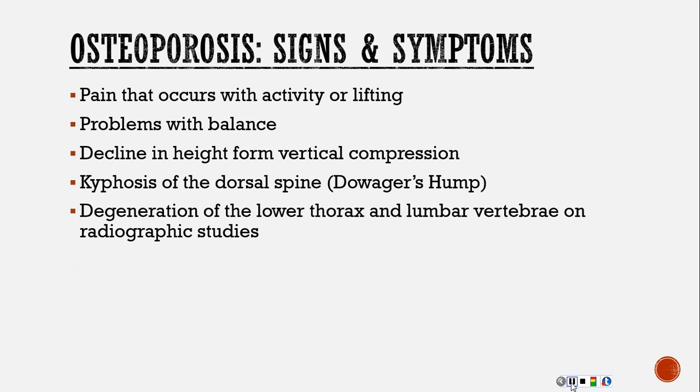Some of the signs and symptoms: pain that occurs with activity or lifting, problems with balance, decline in height from vertical compression, kyphosis of the dorsal spine, also known as Dowager's hump, hunchback.